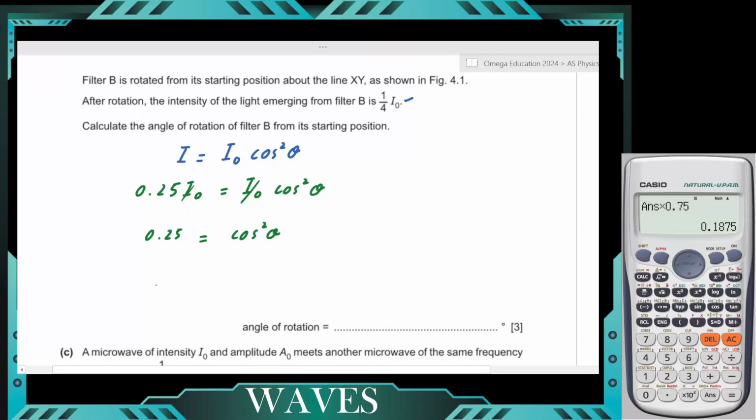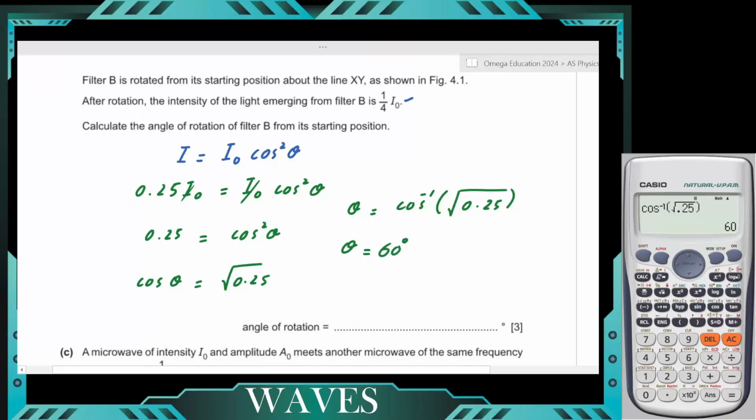Then you take the square root on both sides: cos theta equals square root of 0.25, and theta equals cos inverse of 0.25. Then we open up the calculator, press shift and then cos, and place square root 0.25. We get 60 degrees. Theta equals 60 degrees.